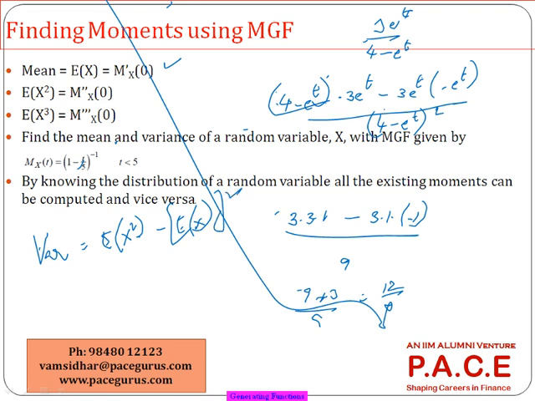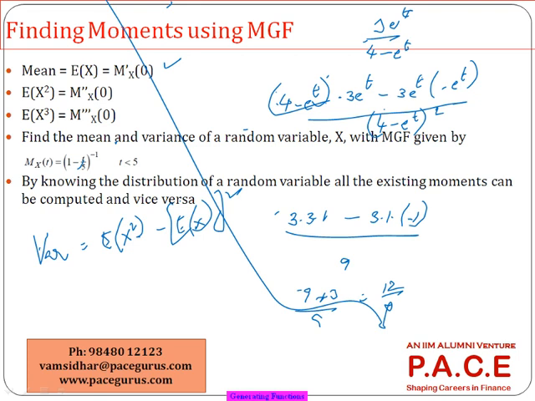So expected value of x is nothing but the mean. Expected value of x squared, the moment you know, you are simply subtracting one from the other to get your variance. The same way you can arrive at your skewness also.